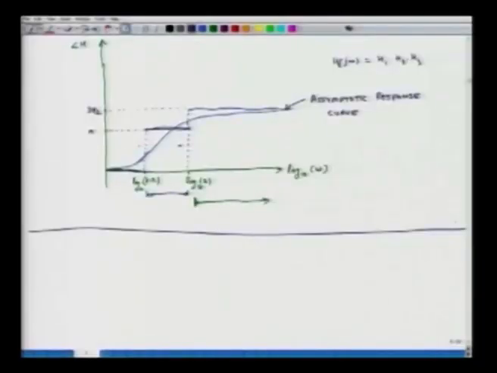So, we have covered a slew of topics: complex algebra, complex numbers, Bode magnitude plots, Bode phase plots, pole zero plots, and so on and so forth. All these concepts will come in fairly handy once we start talking about acoustics in detail. Having said that, now I will move to the wave equation, which is the first concept we are going to talk about in the context of this course on acoustics.